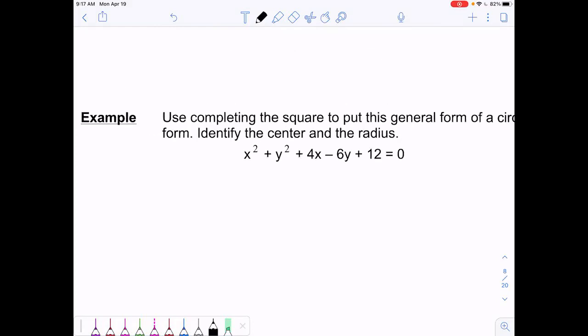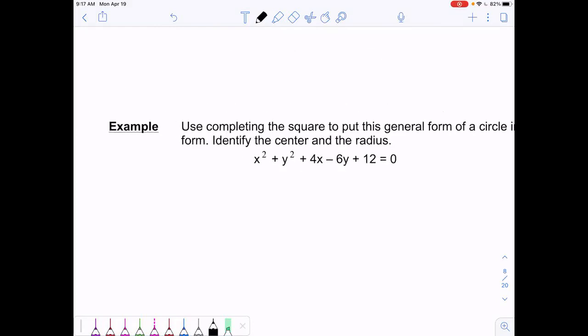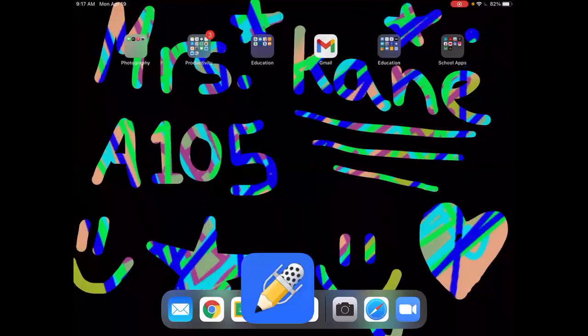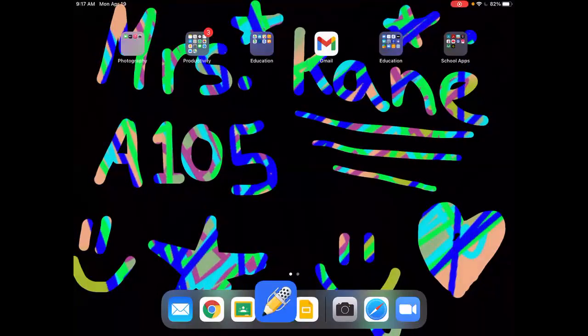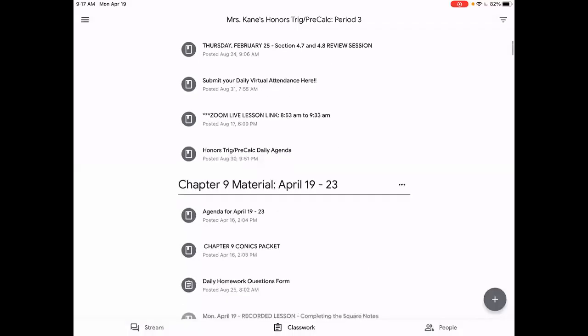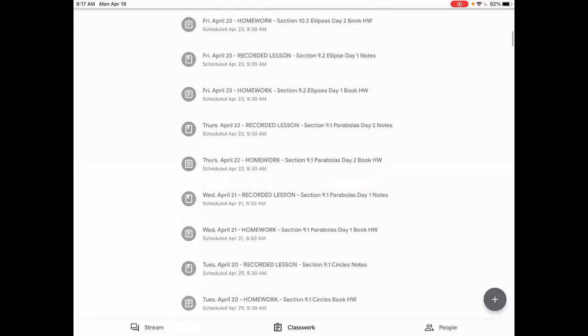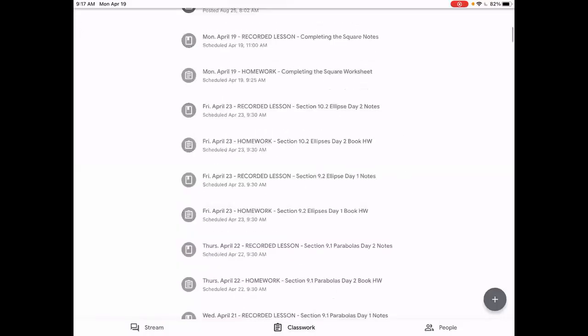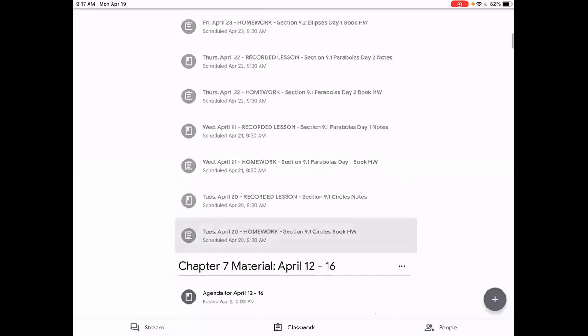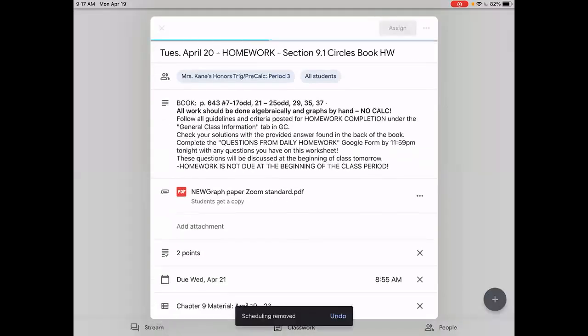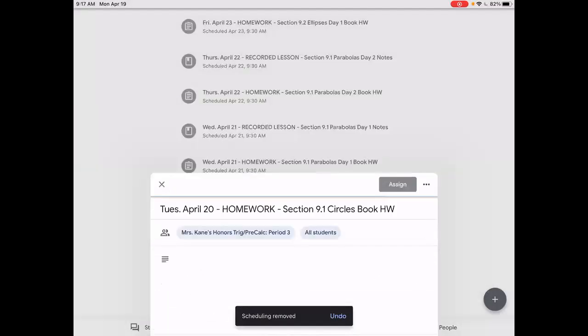So little review. The worksheet is in the packet, but I actually tweaked it a little bit this morning. So if you could go to Google Classroom and pull up that worksheet, open it up right now. Oops, not that one. I did the wrong one.